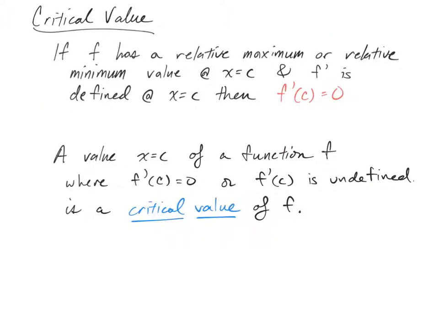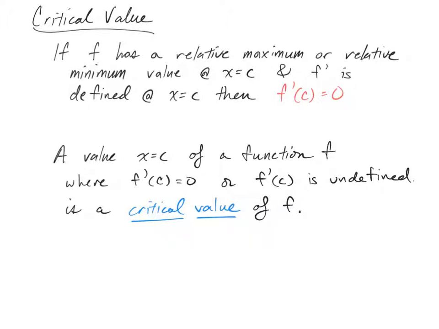Critical value. If f has a relative maximum or a relative minimum value at x equals c, and the derivative at that point x equals c is defined, then f prime of c equals 0. That is to say, a value of x equals c of a function f, where the derivative at c equals 0 or the derivative at c is undefined, is a critical value of f.